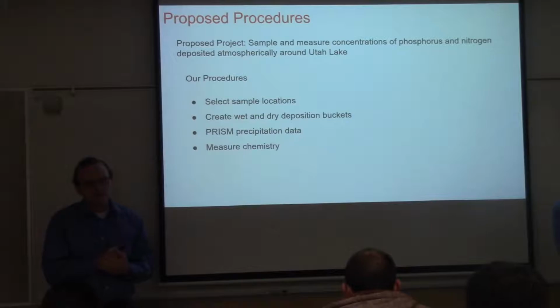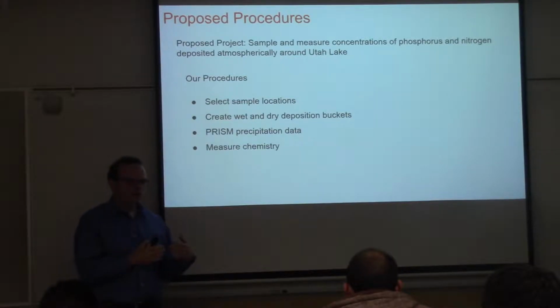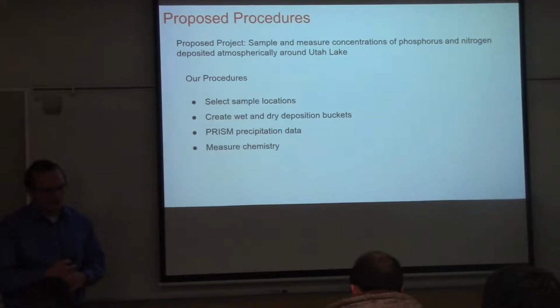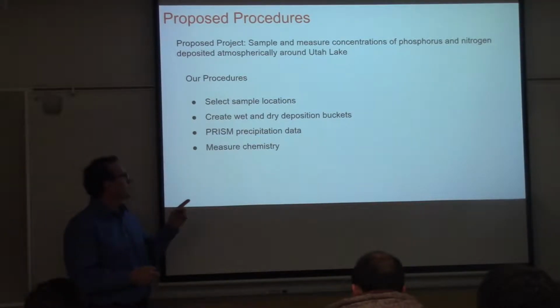With the PRISM data, there is some variance in alpine regions, but what he has found is that their published variance isn't quite what he's found in his studies. So once we go and collect the samples, we would measure the chemistry.